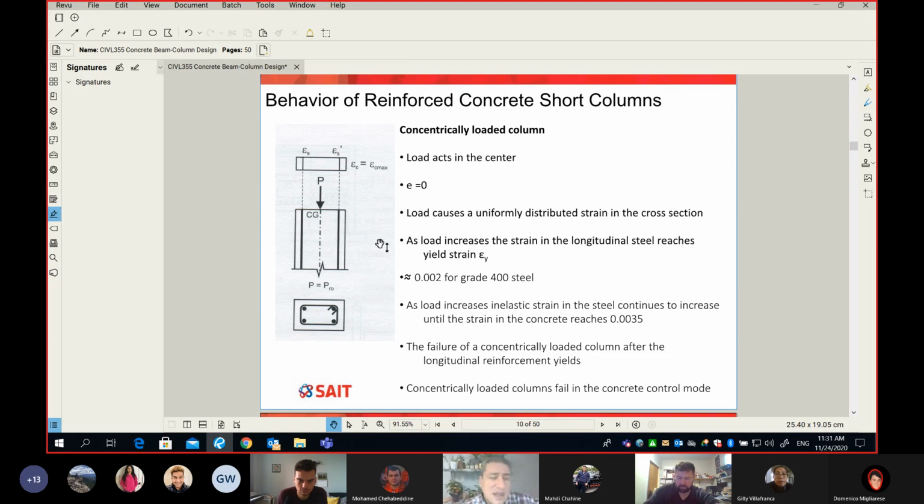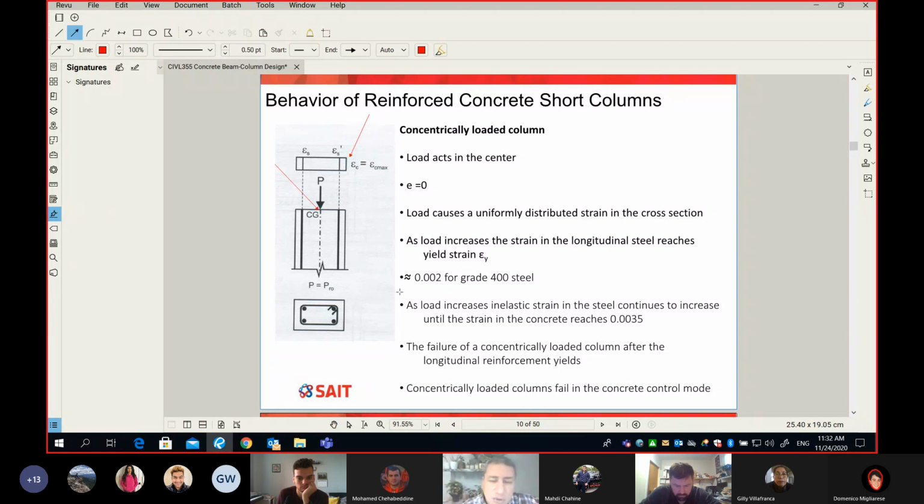You can see here my P, the axial load, is acting at the centroid, and because it's acting at the centroid, here is the stress and that's the strain, and you can tell the strain is the same and the stress is the same. Uniform stress, uniform strain. Once the load comes to the point where epsilon is equal to 0.002, you guys know what this number is.